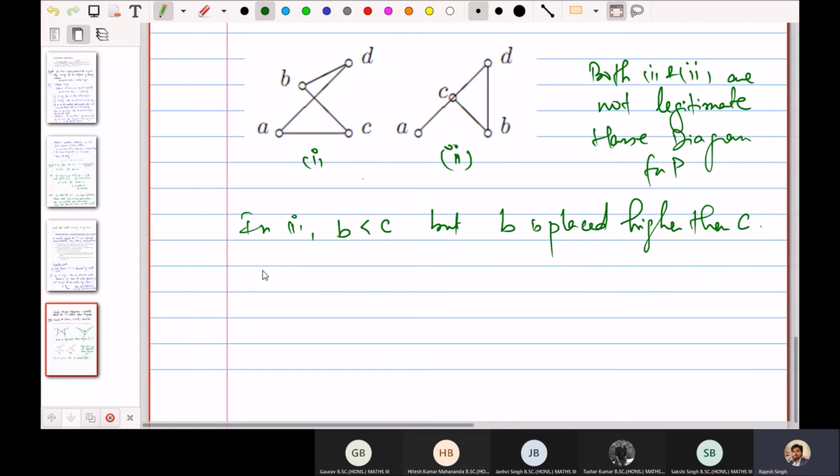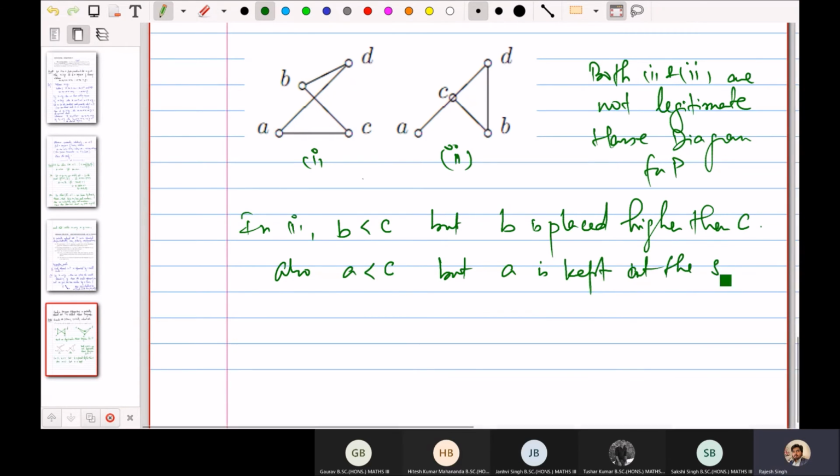And in the second, A is related to C, but A is kept at the same level as C, right?